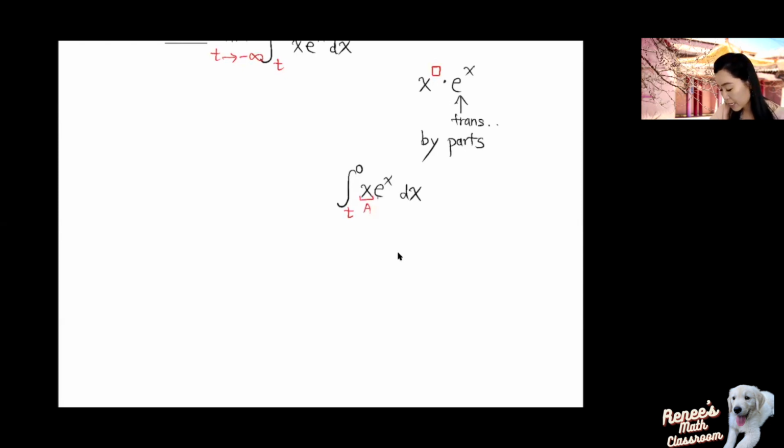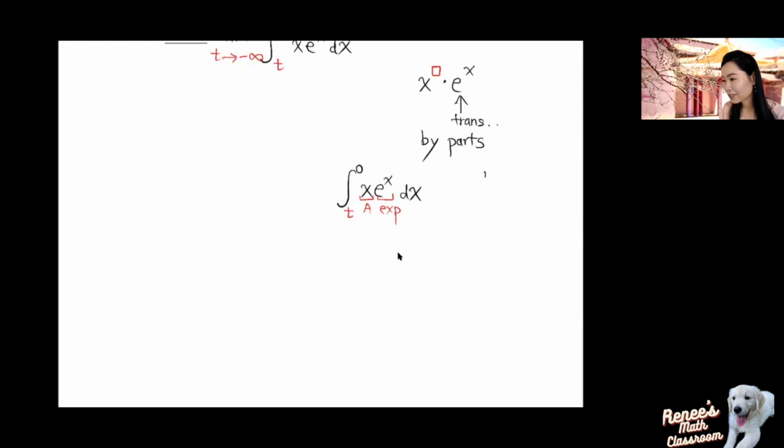And this e to the x is an exponential function, okay? So according to the trick I told you guys, LIATE, we choose u by this order. This is algebraic, and this is exponential.